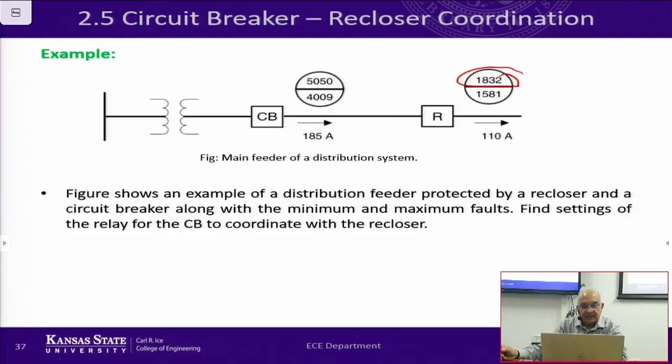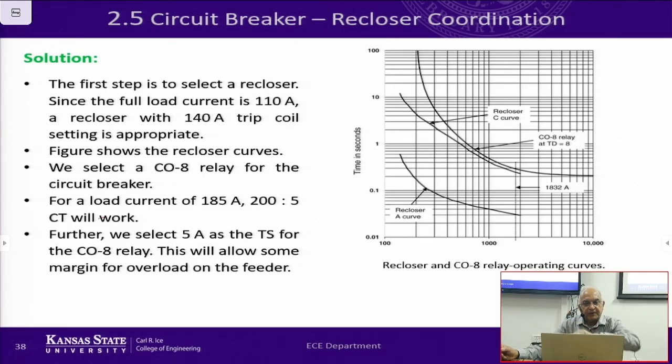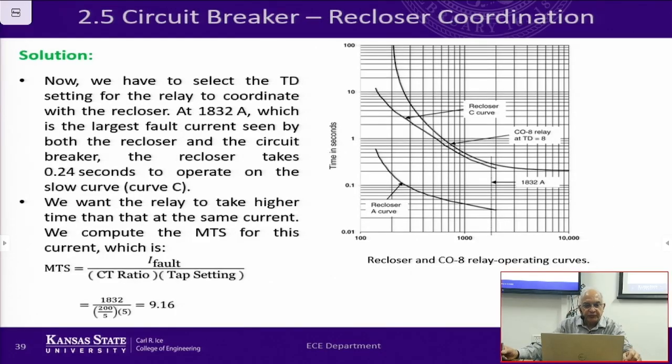Okay, let's move forward. We use 1832, and we will compute again using this formula. MTS is equal to I fault, which is 1832, divided by the CT ratio of 200 to 5, times the tap setting, which is 5. This gives you the multiple of tap setting, and for that we will use the CO8 relay with 9.16.